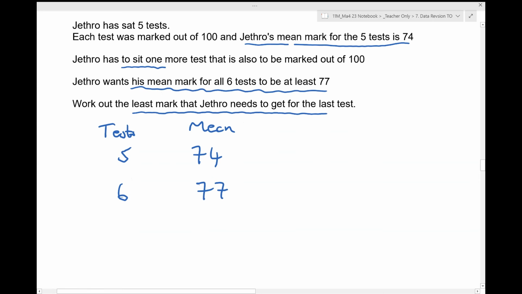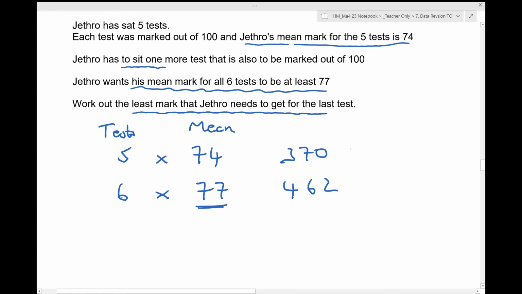Well, if the mean on his first 5 tests is 74, then his total mark on those 5 tests, all added up, is 370. And if he wants his mean to be 77 on the 6 tests, he's going to need to have a total mark of 462, 6 times 77.